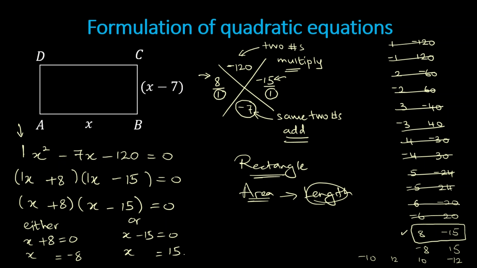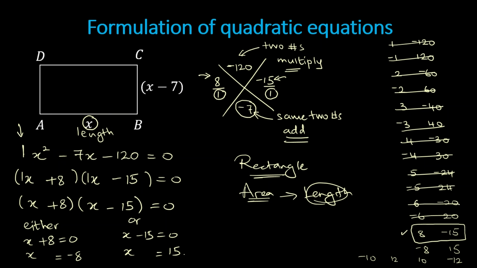And in the drawing, in the figure, x in fact represents the length of the rectangle. Whenever you measure length, can length be negative? Suppose you measure the length of a table, whatever. Do you obtain it as negative? We never obtain the measurement of length as negative.